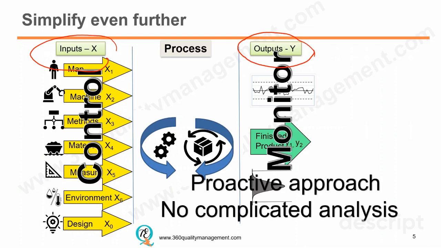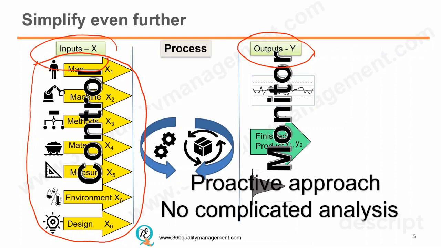Therefore, controlling all these process input variations should be the main focus to ensure a stable process output. If process inputs have so much variation, then your final products will have variations as well.